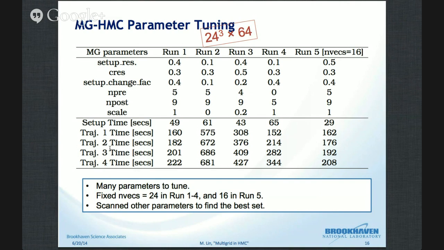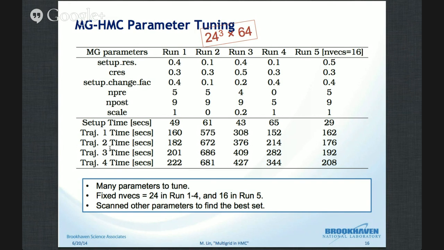And you can see they don't vary a lot. So this one has the least setup time because I use the smallest number of null vectors. However, when you go to the actual wall clock time for each trajectory, you see quite some variation.